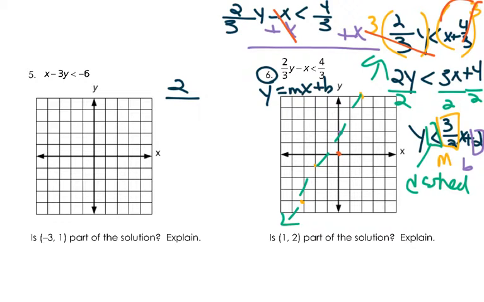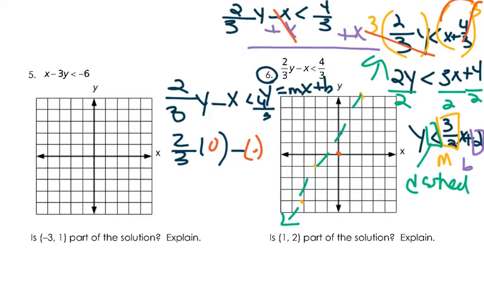So 2 over 3 y minus x is less than 4 over 3. And doing so, let's plug that in. 2 over 3 times 0 minus 0 is less than 4 over 3, and that's really just 0 is less than 4 over 3, and that's a true statement.